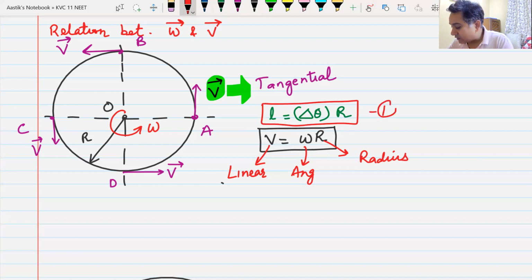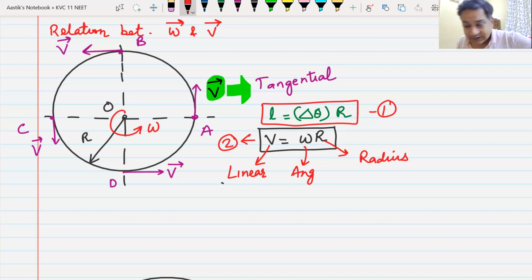This is the first equation. This is the second equation. Both the equations are similar. L replaced by V and angle replaced by angular velocity. Do we understand this? Yes or no?